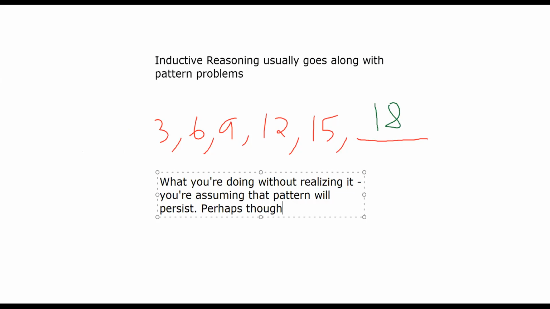Perhaps, though, that is not guaranteed. So this is actually inductive reasoning. You're saying it's likely then that the next term in the sequence is going to be 18 because, hey, that's just the pattern that has been forming, that it's an arithmetic sequence where we keep adding 3. But it's not guaranteed, is it? Now, maybe if the problem says assume the pattern continues, maybe you're safe then. But it's always possible that you could just be totally outright wrong.